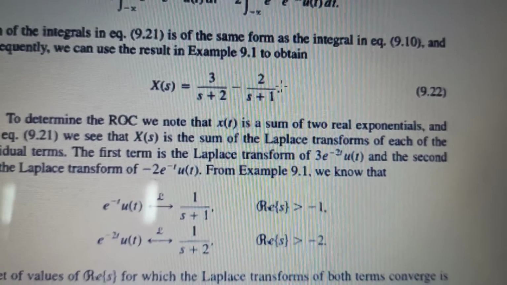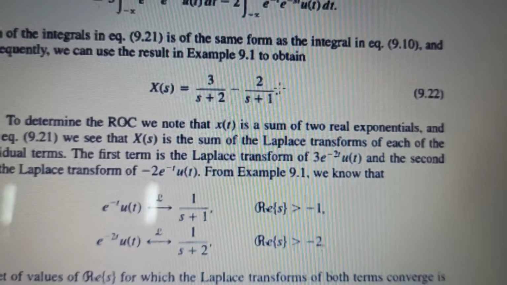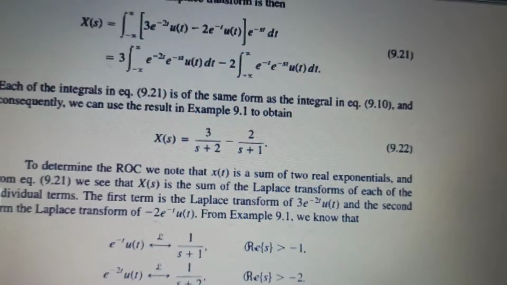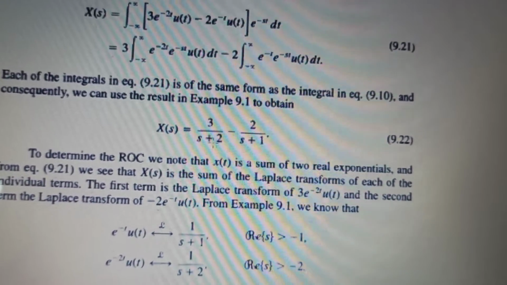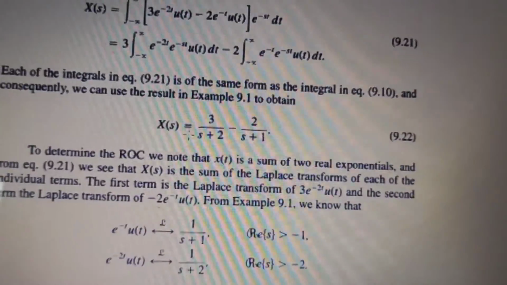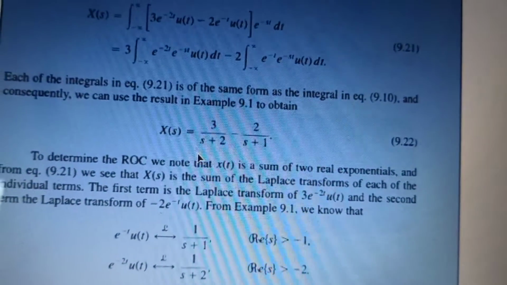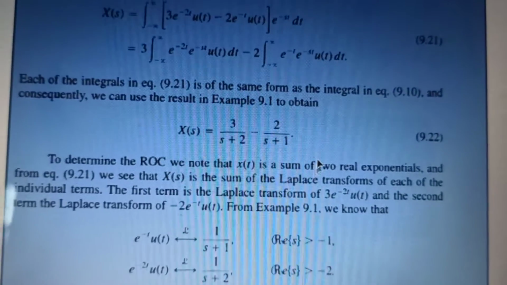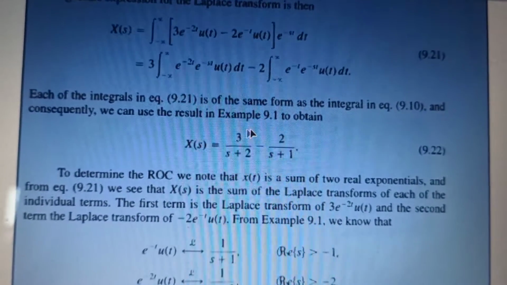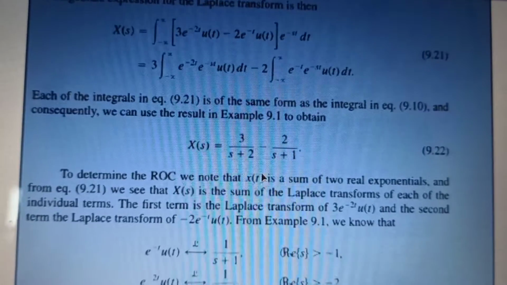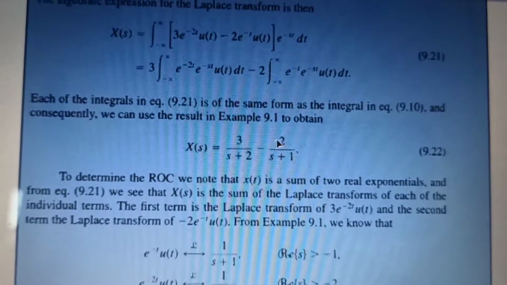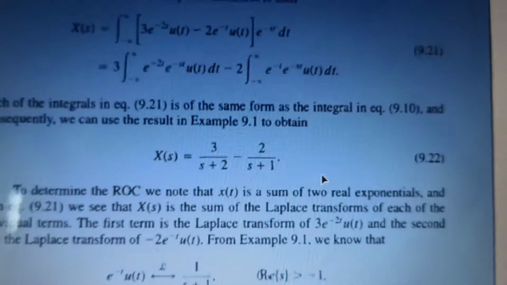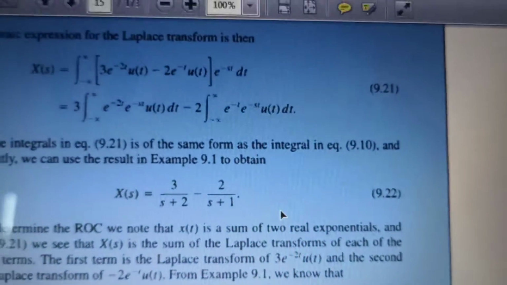That is, when in the expression I put s equals minus 2, then this term will become 0, and as this is 0, the entire polynomial will go to infinity. So the values of s for which X(s) goes to infinity are minus 2 and minus 1. So these are basically the poles of this system.